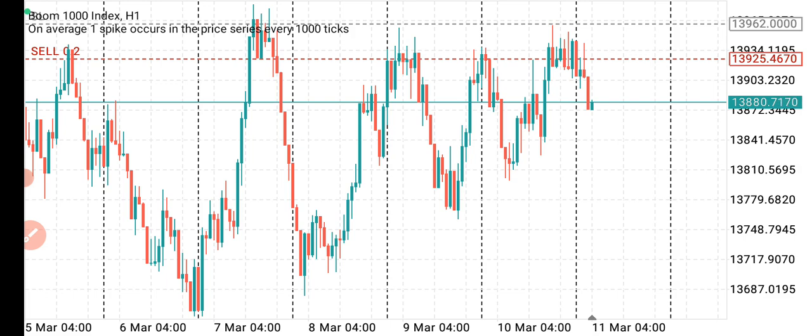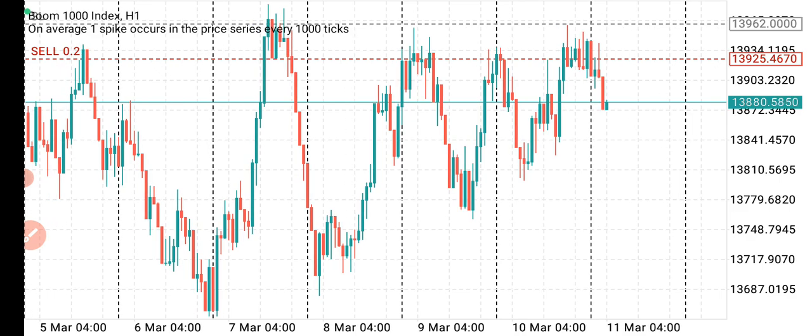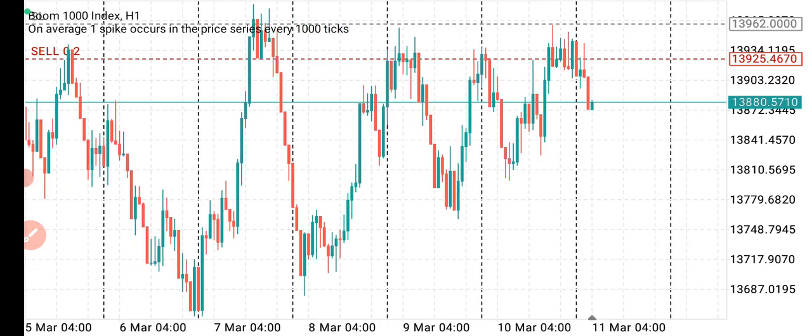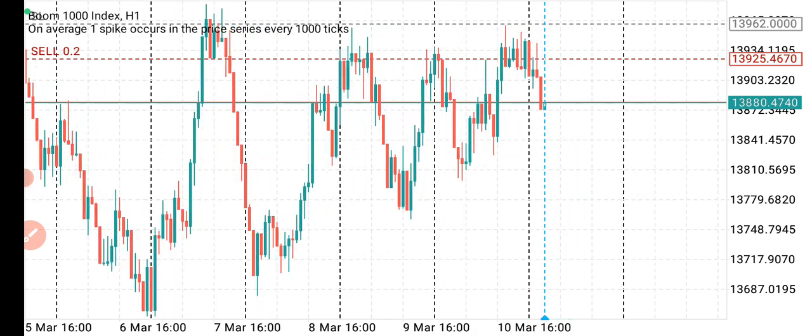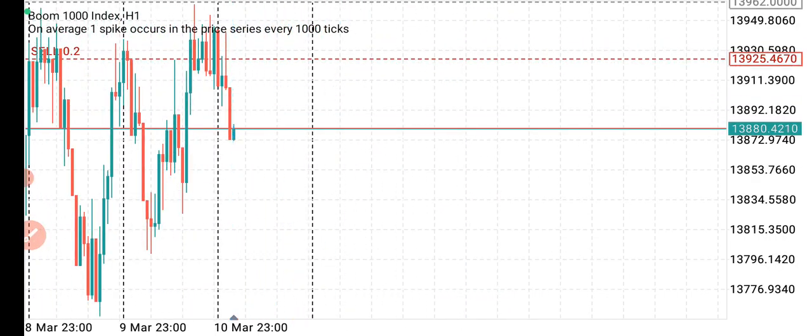It is very important that you know how to identify trend reversal so that you don't make a profit and end up losing the same profit that you have made back to the market.